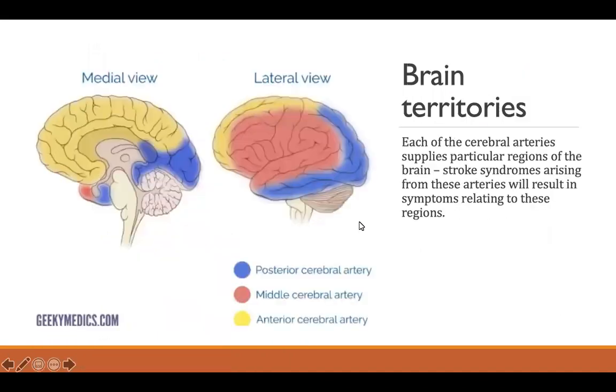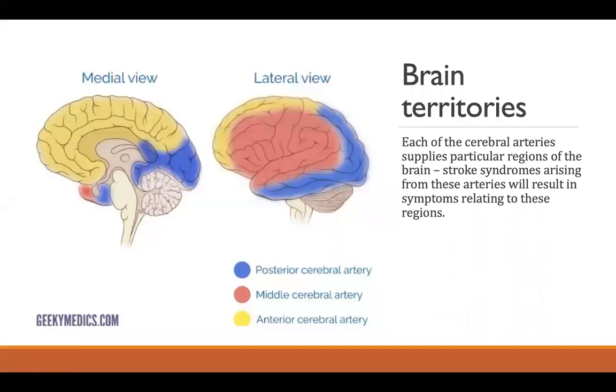You can see the annotations there. Why is it important? The various different arteries supply different regions of the brain, and they all have particular regions that they supply. For example, the MCA, in red over here, supplies all of this region. In fact, the MCA probably supplies one of the biggest areas of the brain.